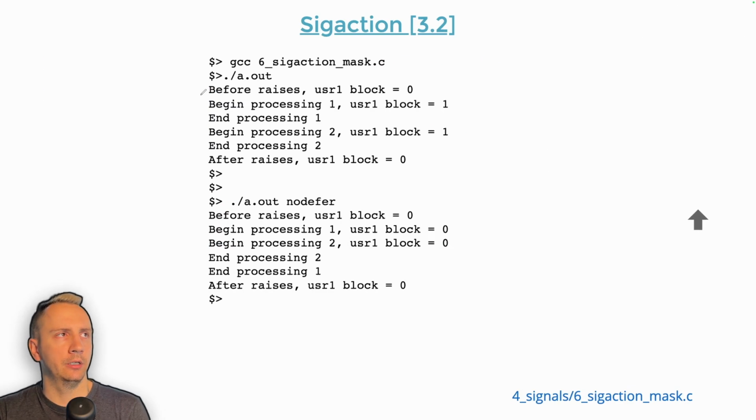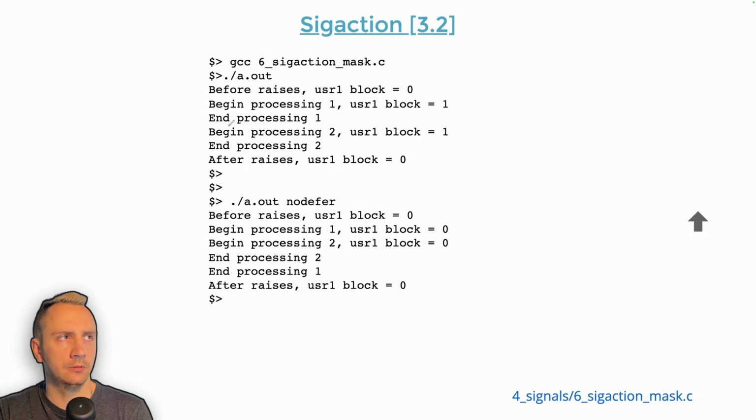I compile it, I run it by default, so it's going to be blocked during handling. And then I see it is not blocked in the main function. Yes, this is what we would expect. Then we process the first signal. It is begin and end processing from beginning to the end. Raise was not handled right away.